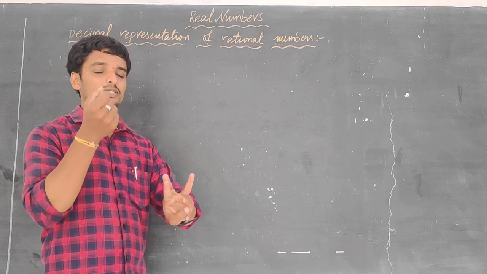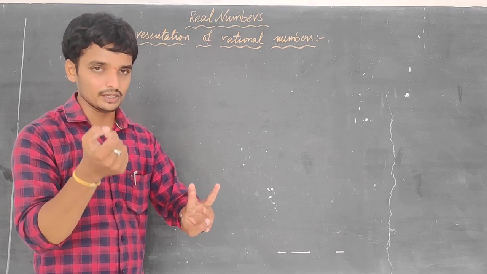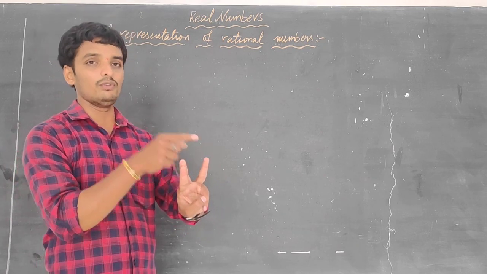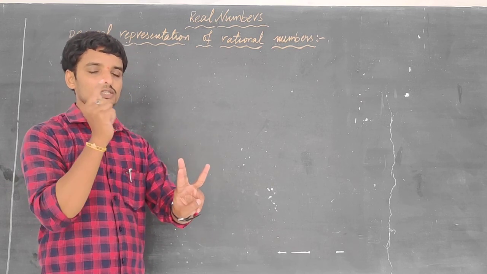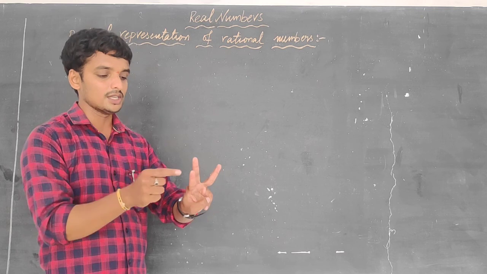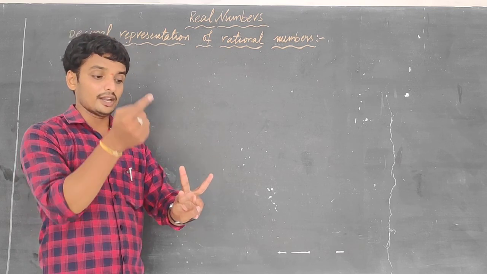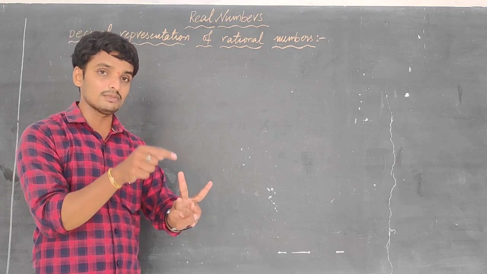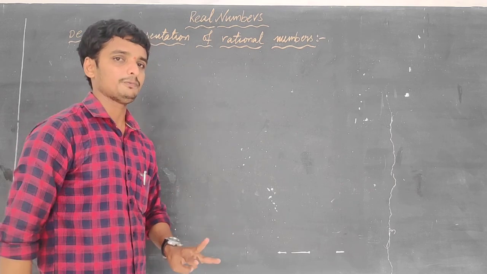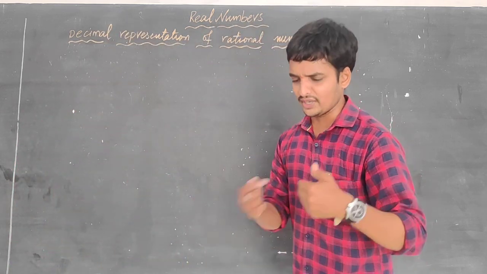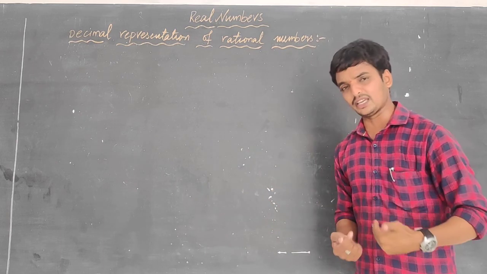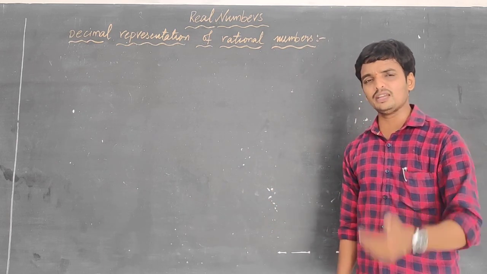When we start the topic irrational numbers, we will discuss about non-terminating, non-recurring decimals. Once again, remind in your mind, my dear students, terminating decimals and non-terminating recurring decimals are rational numbers. I'm repeating again because it's very important.